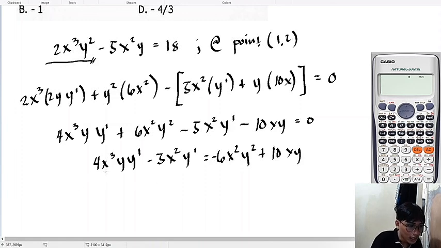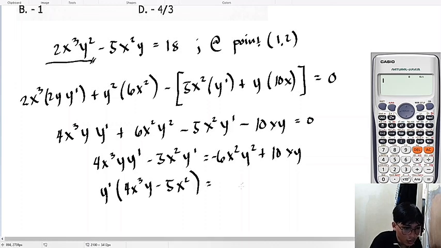Okay, now let's factor out y prime, so we have y prime multiplied by 4x cubed y minus 5x squared equals negative 6x squared y squared plus 10xy.